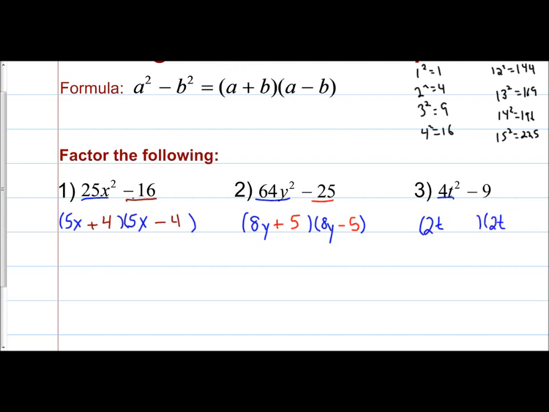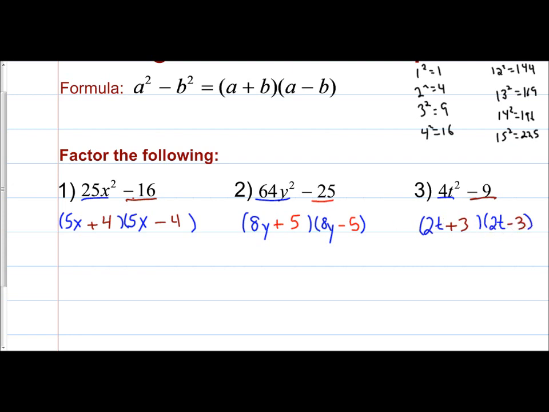And then I examine the second term. That as well is a perfect square. You're going to take the square root of 9 and get a plus 3 and a minus 3. And so the factorization of 4t squared minus 9 is 2t plus 3 and 2t minus 3.